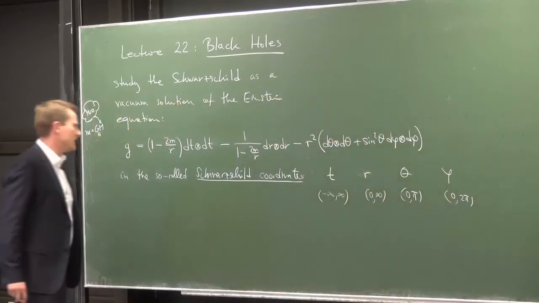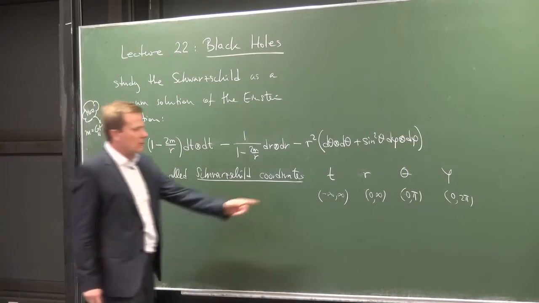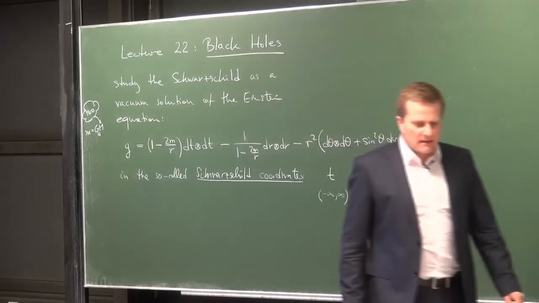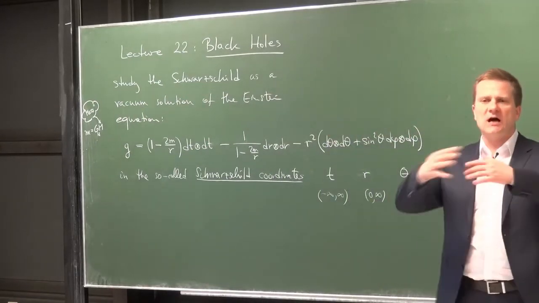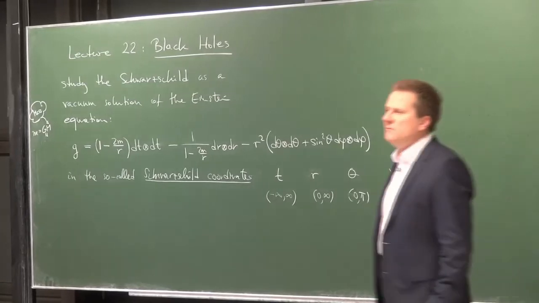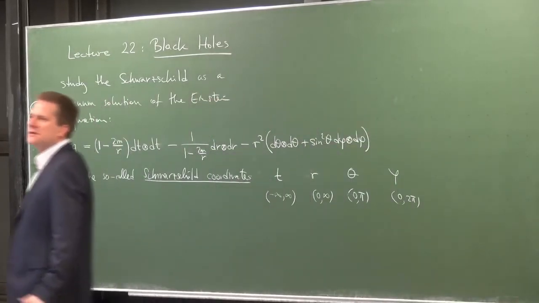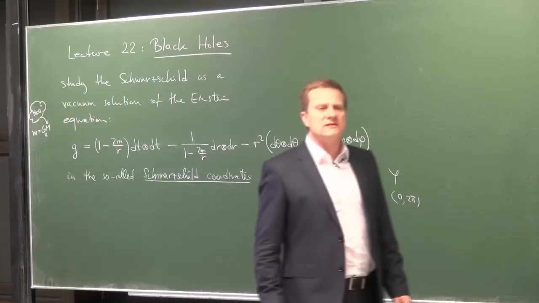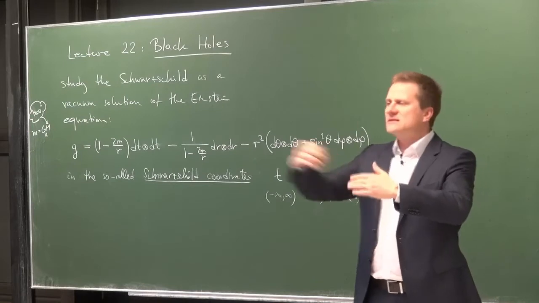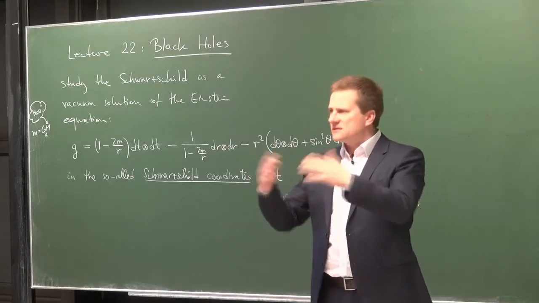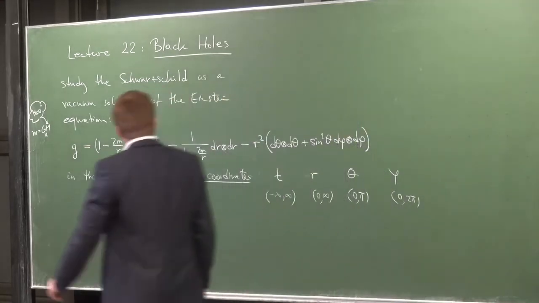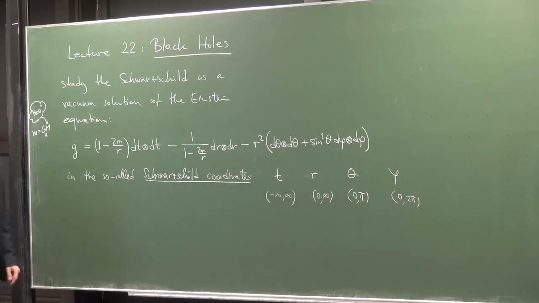Now, we will be careful to keep track of the ranges of variables here, because you remember that in the beginning we studied quite a lot manifolds and chart transitions. And we emphasized very much that one chart may not be enough to cover the whole manifold. And we also discussed that if you know something in a chart, outside this chart domain there may still lie parts of the real world you haven't seen. Now here, with the Schwarzschild metric and Schwarzschild coordinates, you can draw pictures of that, and we'll do that.